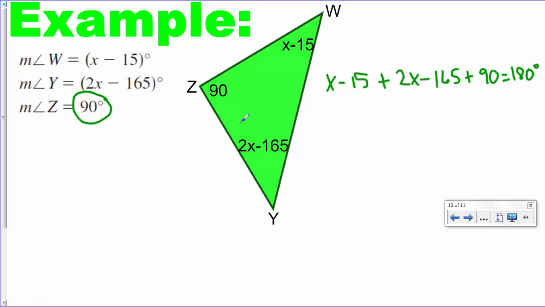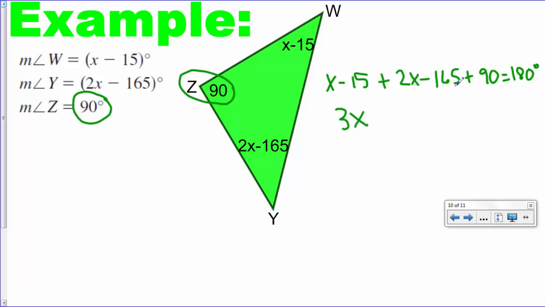A simpler way we could do this, since we know the corollary to the triangle sum theorem, is that these two angles, W and Y, together have to equal 90 degrees, because we've already taken up 90 degrees over here with angle Z. I'll leave it set up the same. It'll be solved the same way. If we add the x's together, combine like terms, 2x plus 1x equals 3x.